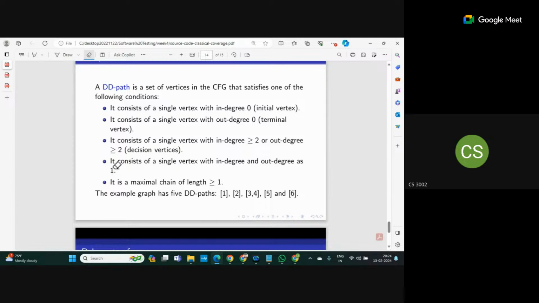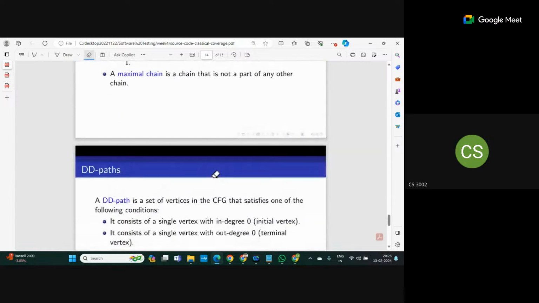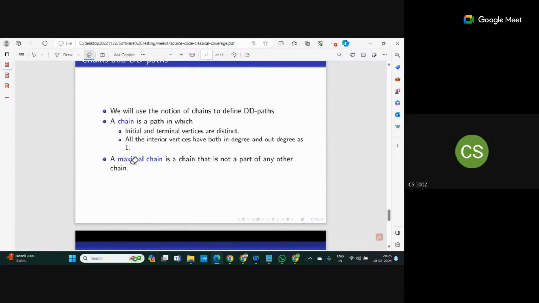And then it consists of a single vertex with in degree 1, out degree 1. It's a simple node, right, in between somewhere. And in degree and out degree, two decision vertices. So these are all included. So this covers eventually all the vertices inside your graph. But the important point is it could also have a max chain, because it will reduce your test requirements.